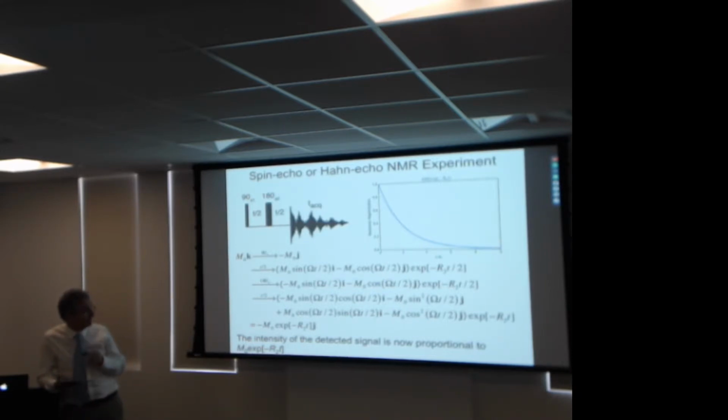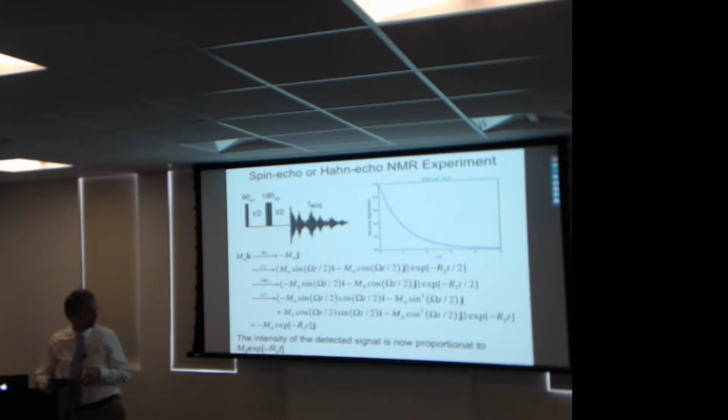So we can use this experiment now by varying t to then map out the decay of magnetization to measure R2 in a simple case. But more importantly, this is the first example of using some combination of pulses and delays to modify the signal.